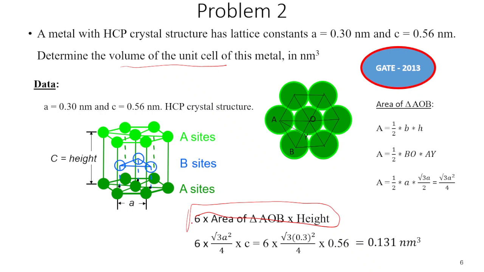So we can put 6 into root 3 a square by 4 into c. c is nothing but 0.56 here, and instead of a we put 0.3, direct substitution. Here I have again solved how to find the area of the triangle AOB, this part. So our final answer for this will be 0.131. Any doubts, guys, in this problem?